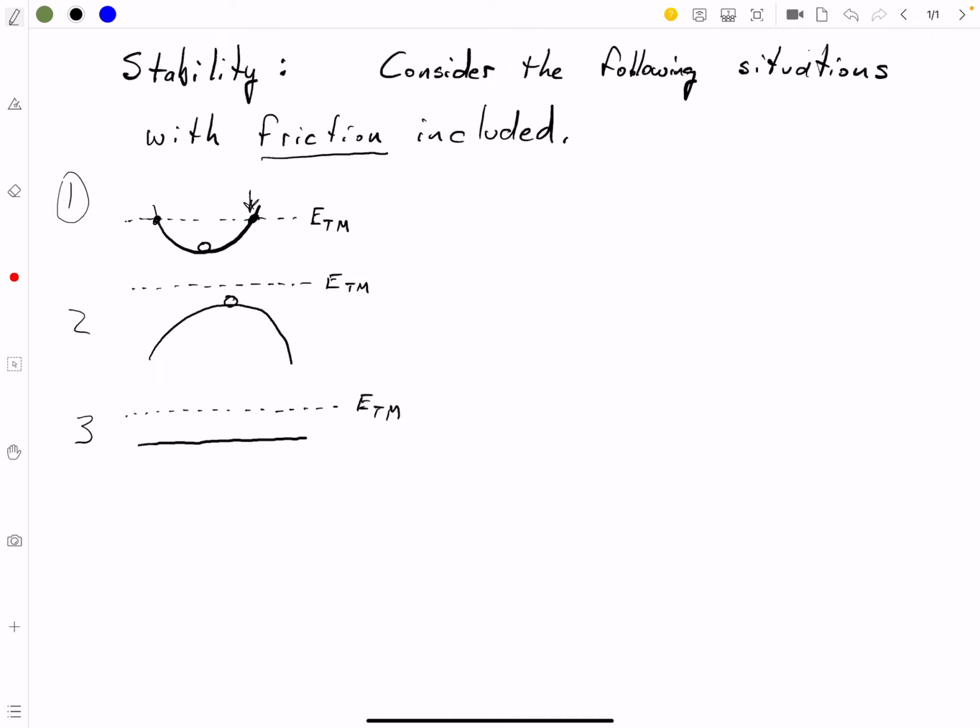But we're going to be doing it with friction, okay? So after some time, that ball is going to be pushed back and forth, and friction is going to take energy out of the system, leaving us with the ball here at the bottom and a velocity equal to 0.